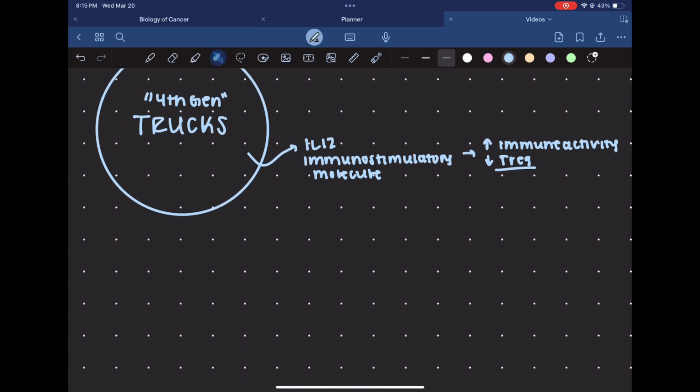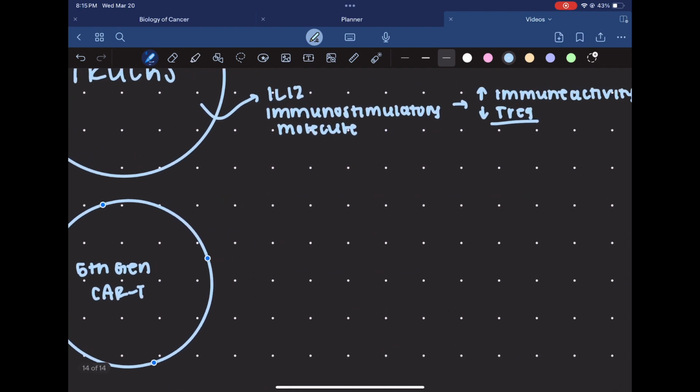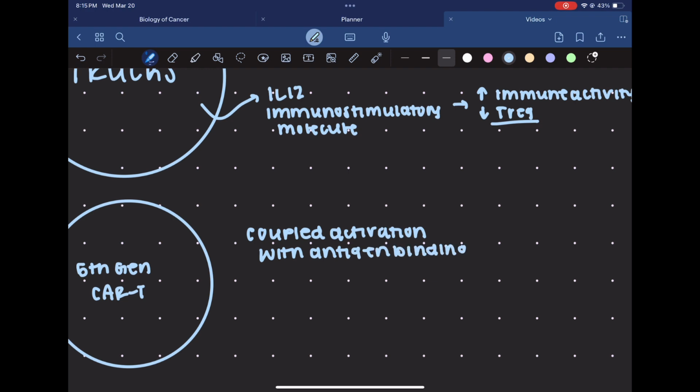For our fifth generation of CAR T cells, they don't have as fancy of a name. We're just going to call them fifth generation CAR T cells. The modification that we made is we tightly coupled activation with antigen binding. Right?